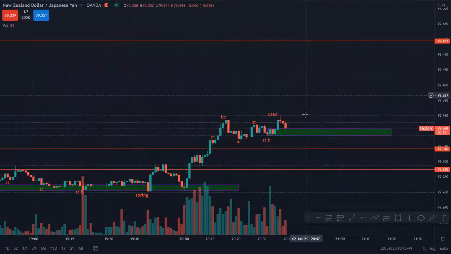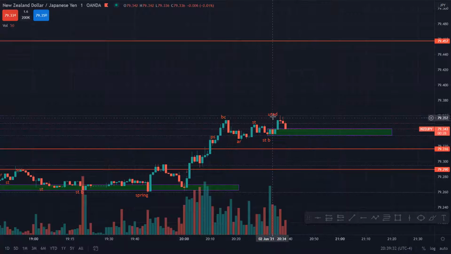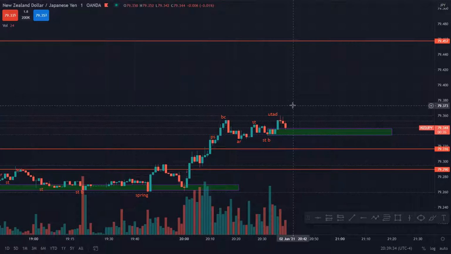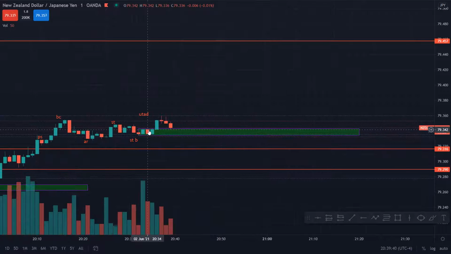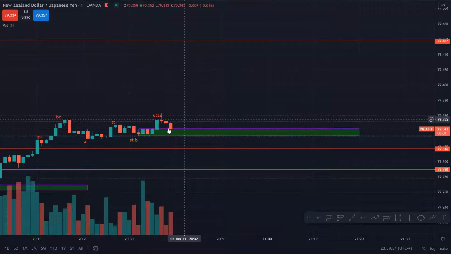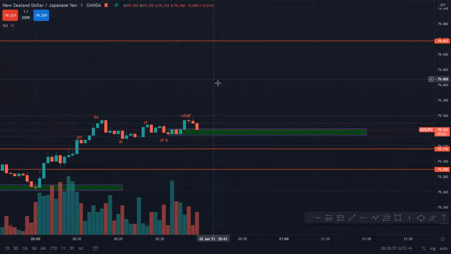So now we're getting this down. It does seem like potentially a distribution. Hopefully it's not, but here we're coming down to test that order block. This was a pretty significant level, for the reasons explained. Now we really need to see a push off of it, unless this was, again, a spring, which comes down a little bit lower than the preliminary supply and then completely rejects and starts moving up.